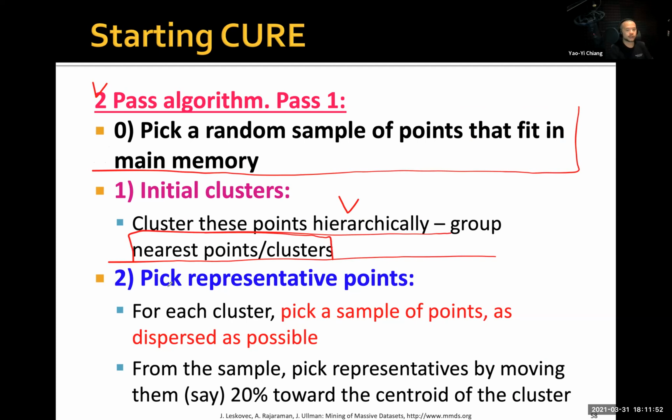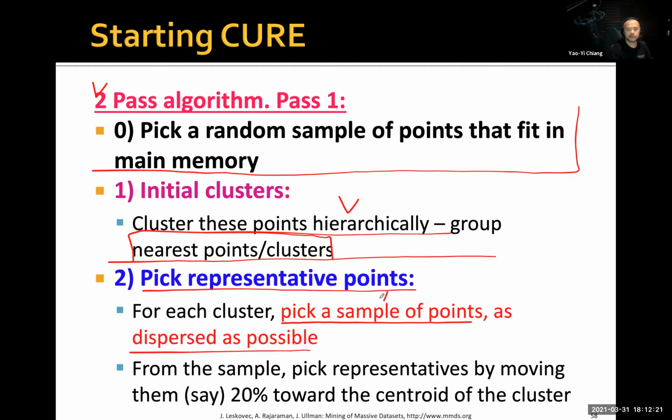Then for each cluster, because now you want to throw away some points and read in a second chunk of your data, how do you throw away points? You want to throw away the points that are already clustered into some cluster formation. To do this, you are going to pick representative points for each cluster. So for each cluster, you pick a sample of points as dispersed as possible.